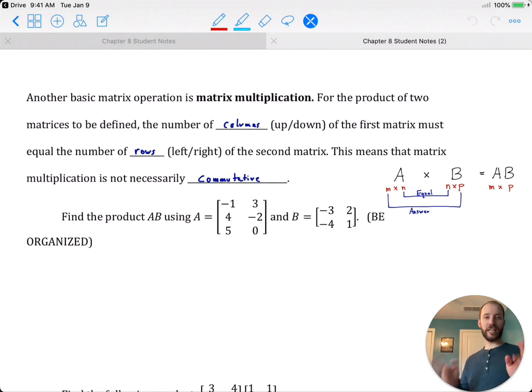Matrix multiplication is a little trickier. You've got to do some preliminary work to organize the operation and then carry it out. So for the product to be defined, the number of columns in the first matrix must equal the number of rows in the second matrix. So matrix multiplication is not necessarily commutative.